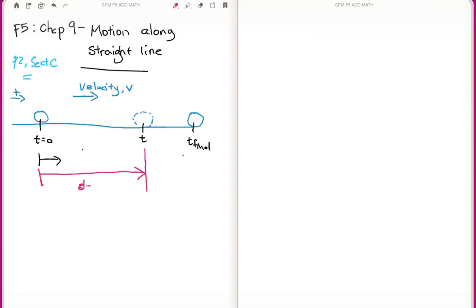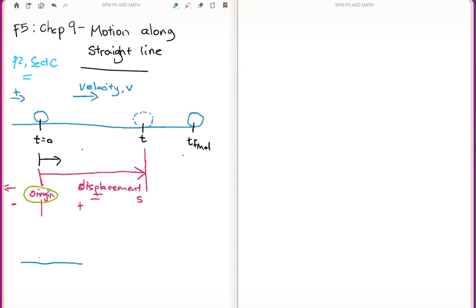S is the displacement, symbol S. Displacement is always referenced to your origin. How far is it from the origin? Is it on the left hand side or right hand side? If on the right hand side, it is positive. If it were on the left hand side, then it will be negative from the origin. It's always the case. What's important here is the origin. Where is your point of reference? Where is the origin?